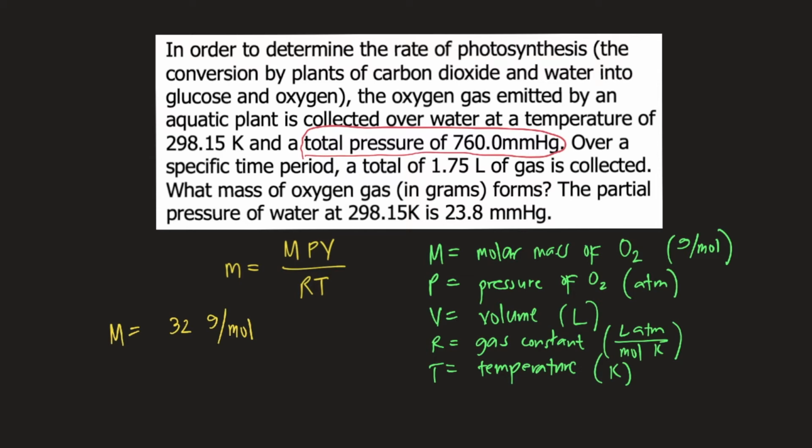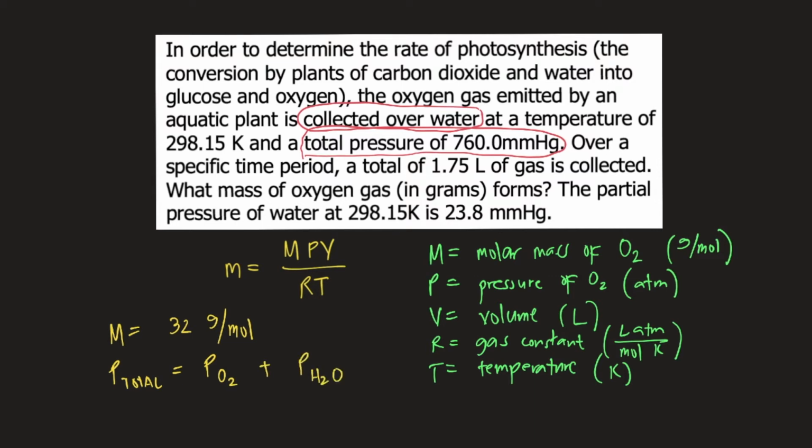It also says here that oxygen gas is collected over water. When you say it is collected over water, that means the total pressure is equal to the sum of the pressures of oxygen and the pressure of water.